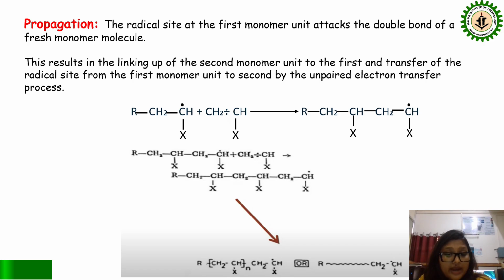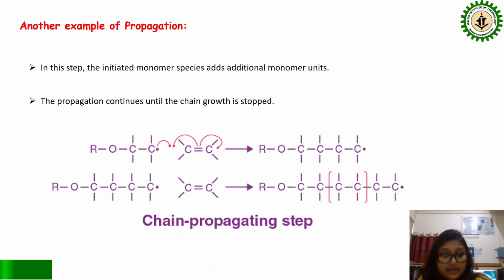Look at the reaction given below to understand it better. Here again the radical unit keeps attacking the monomer unit, and long chains are formed. This is another example of the propagation reaction.